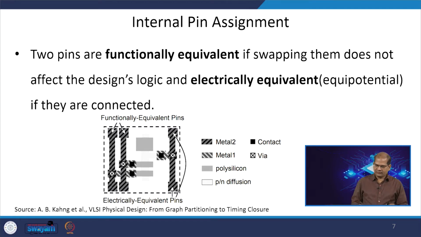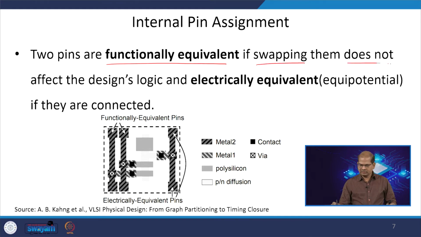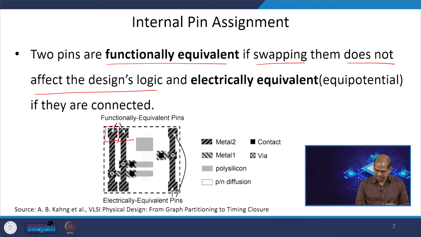Two pins are functionally equivalent when you swap or exchange them and that does not affect the design's functionality. For example, here I have one pin and this is another pin. If I exchange both of them, then the functionality of the design will not change.